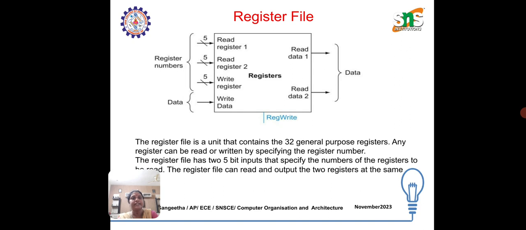Any register can be read or written by specifying the register number, for example R0, R1, R2, R3. The register file has two 5-bit inputs that specify the numbers of the registers to be read. The register file can read and output two registers at the same time.